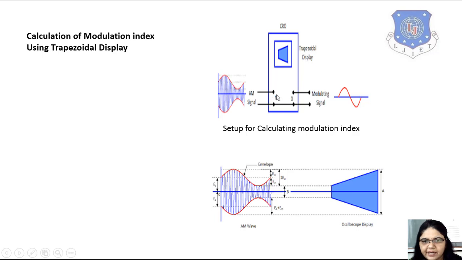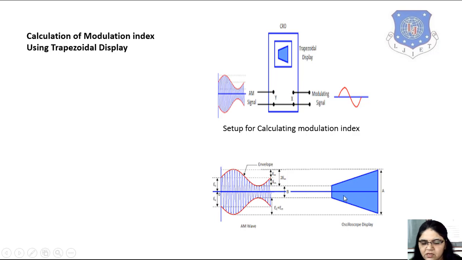We are connecting the AM signal to the vertical deflection plate, and onto the horizontal plate we are providing the modulating signal. By providing these two input signals to the CRO, we can have this kind of trapezoidal display on the CRO. We consider this value as my A value, and this value as my B value.